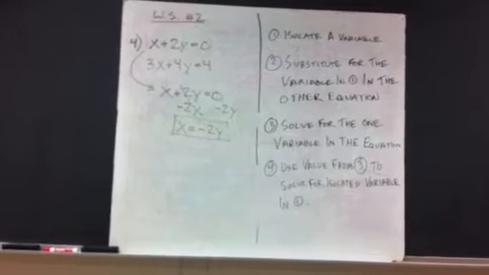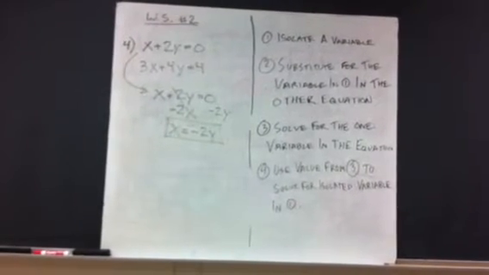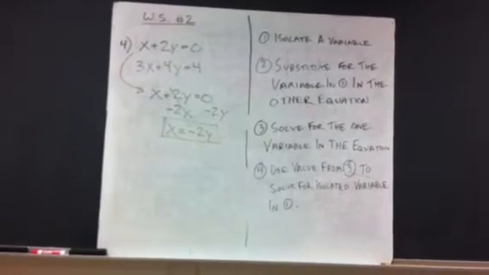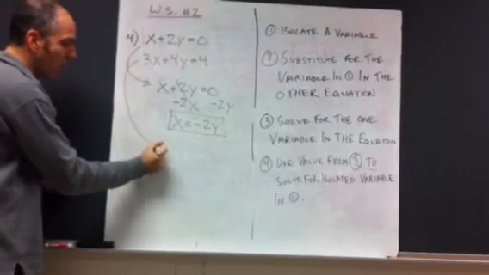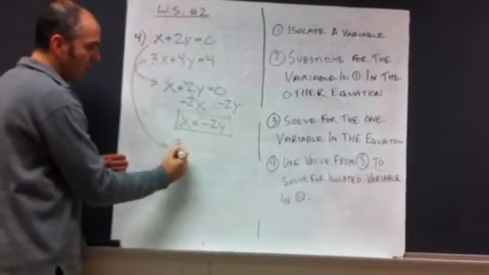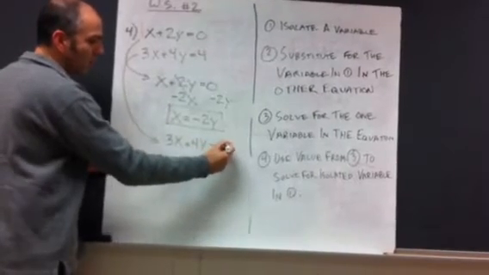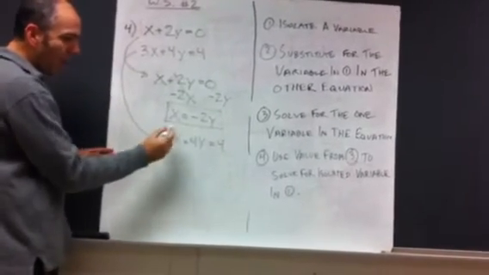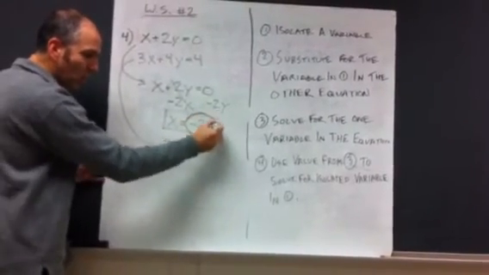Substitute. Substitute for the variable from our step 1 in the other equation. So we already used the first equation to get this. We're going to use this second equation, 3x plus 4y equals 4. I'm just copying that one down there. And now wherever I see x, I'm going to replace it with what x equals.